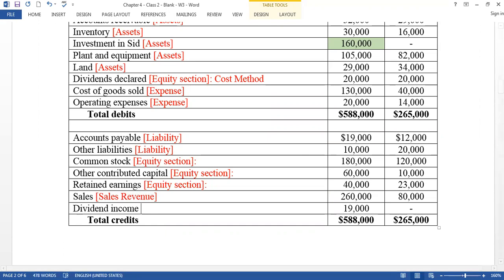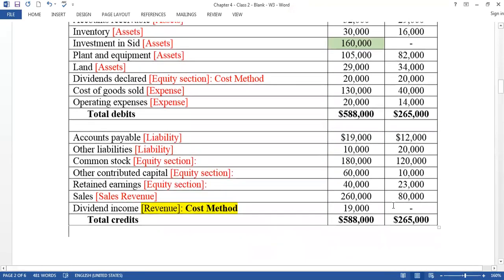And this is also called revenue. Under which method? Under the cost method. Under the cost method, dividend income is the revenue. Don't forget this. Clear?